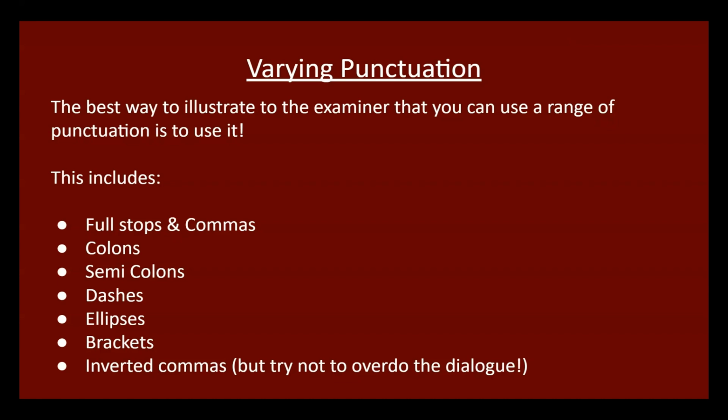But no, you need to be able to demonstrate that you can use colons and semicolons and dashes, ellipsis, and brackets and inverted commas, which is just speech marks pretty much with a different name. Yes, like it says here, try not to overdo the dialogue because otherwise you're not showing your descriptive skills. But varying punctuation is one of the best ways to get top grade marks because it is the highest part of the mark scheme.